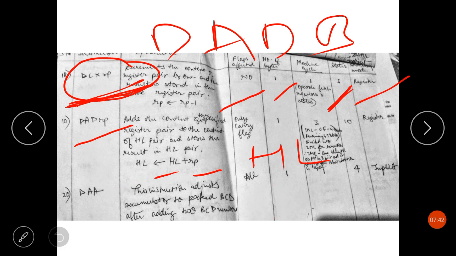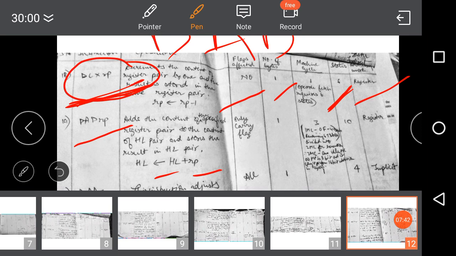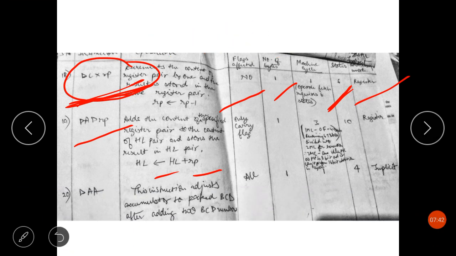In DAD RP, for flags affected, only the carry flag will get affected. Number of bytes will be 1, since no hexadecimal number is mentioned along with this instruction. Machine cycles: it will need 3 machine cycles. How 3 machine cycles? I'll tell you in my next lecture.